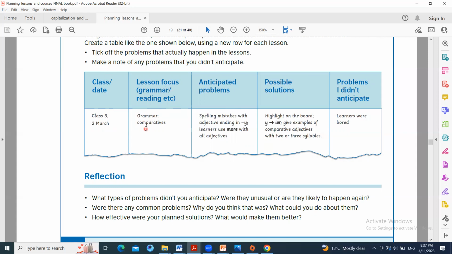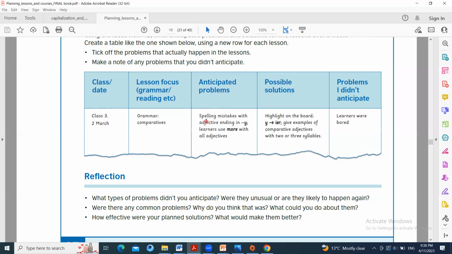In grammar, we will focus on what? Comparatives. How to compare. Comparative adjectives or something like that. The form of ER that we talked about in the previous part. Anticipated problems. You think of the problems that we expect.